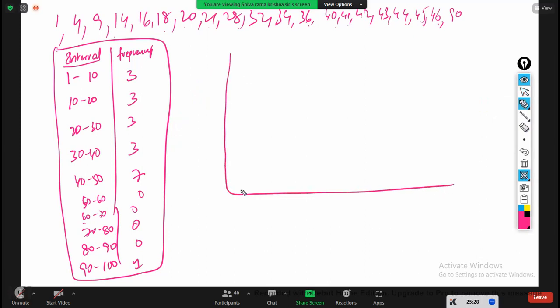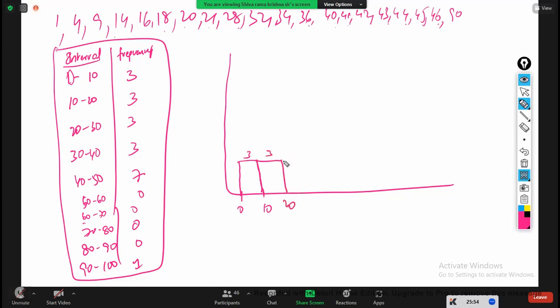First you have to start with 0 to 10, with the increment being 10, 10, 10. Every time you are adding 10. So starting with 0, 0 to 10. How many records are there? 3 records, so a height of 3. Next 10 to 20, this one will be attached to this, height 3.